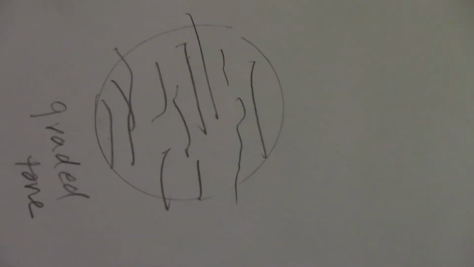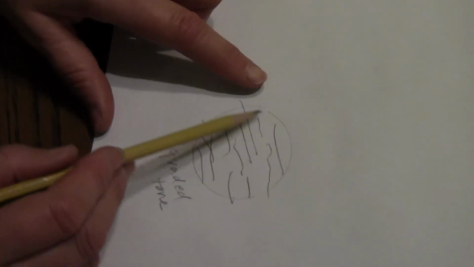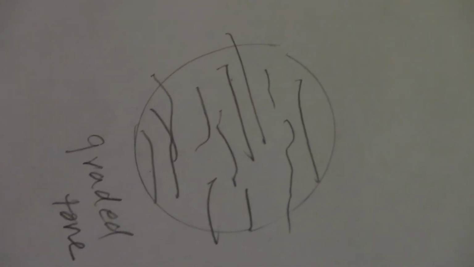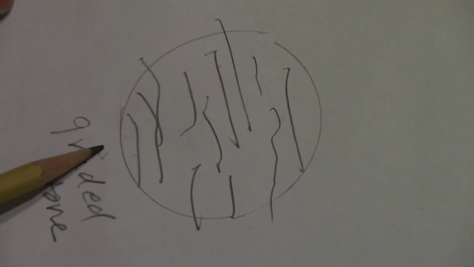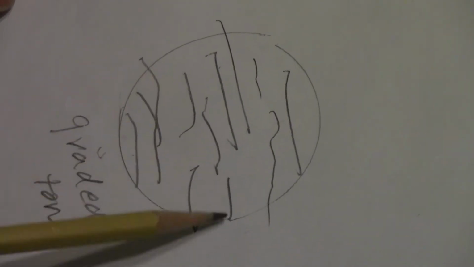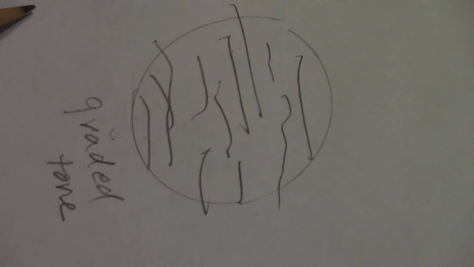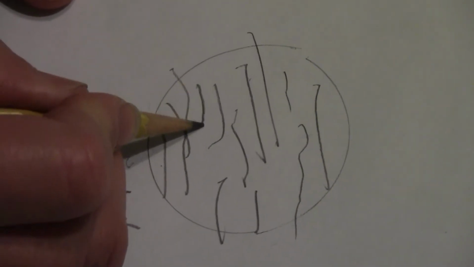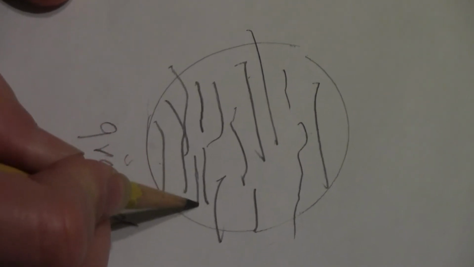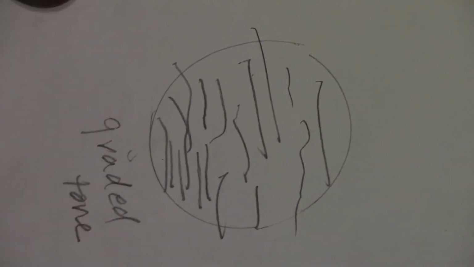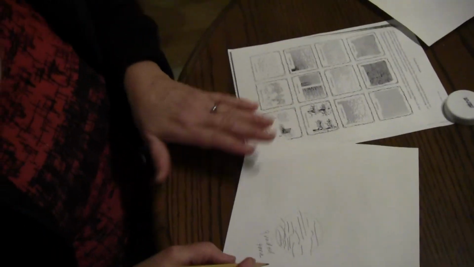Why is it a bad example? A couple things. First, it's sloppy, it goes outside the circle. Second, the value doesn't change. And thirdly, the lines are all kind of scattered. Okay? So when you're doing your pen and ink, even if you're working with pencil, it's important to focus on what you're doing.